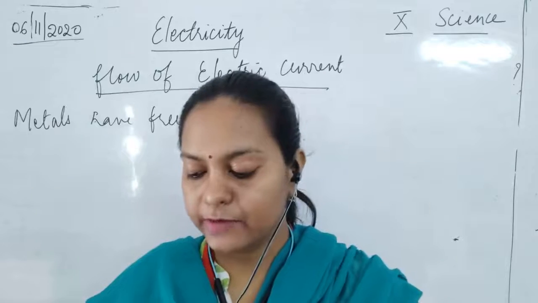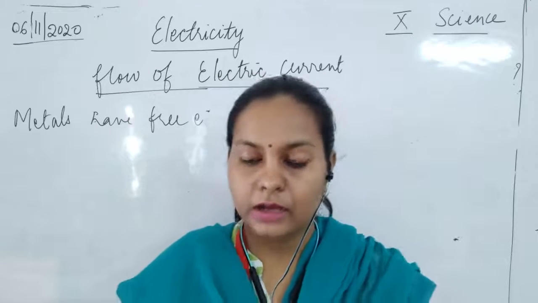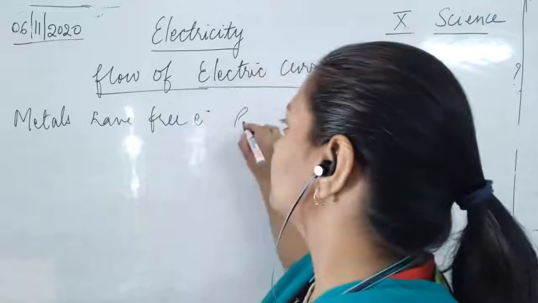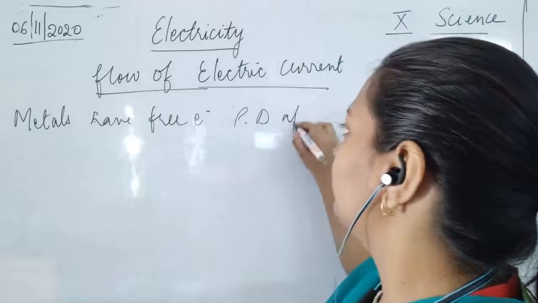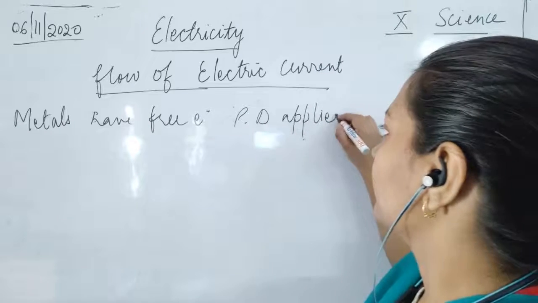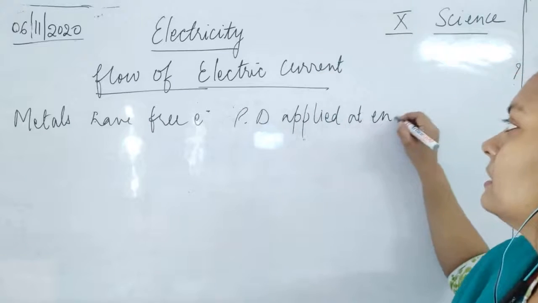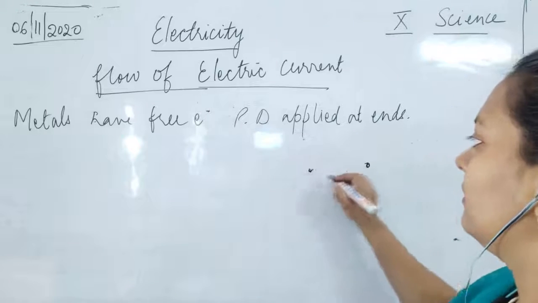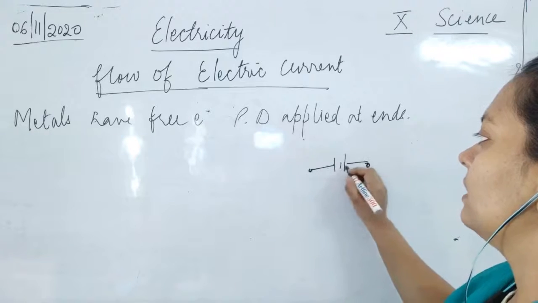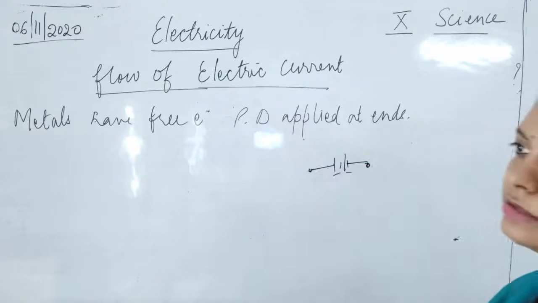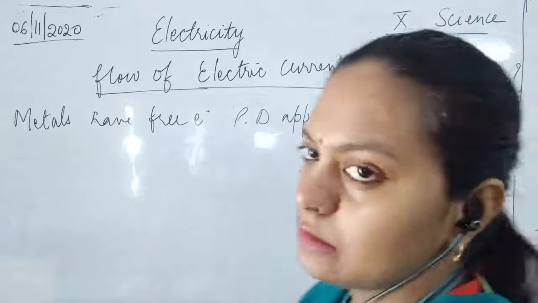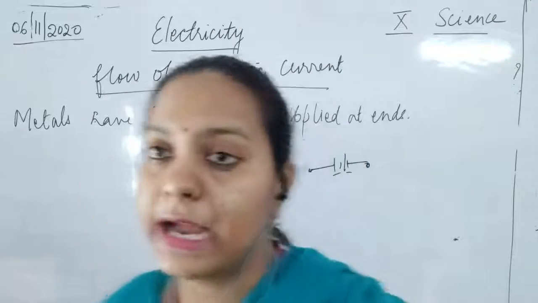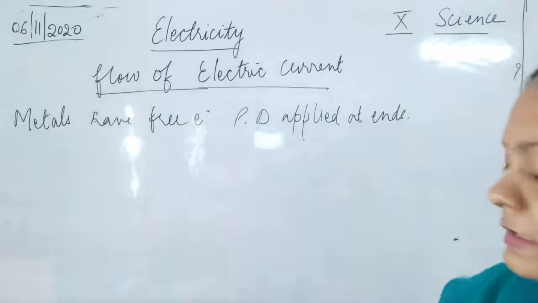Now, if metals have free electrons, whenever the potential difference is applied across the ends, and please remember that potential difference is always applied at ends. Okay, it is said that a battery or a cell will always be given at a point in between the circuit, so that the continuous flow of charges is supplied in the circuit and the electric current is maintained.